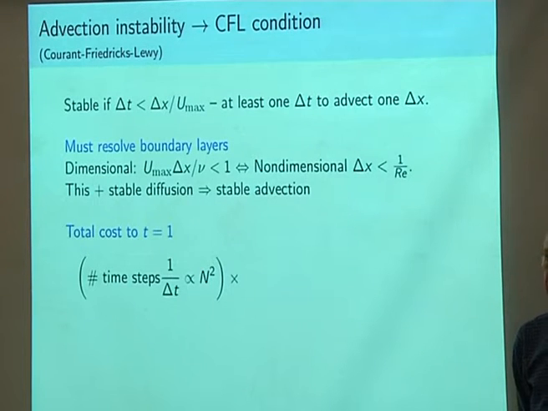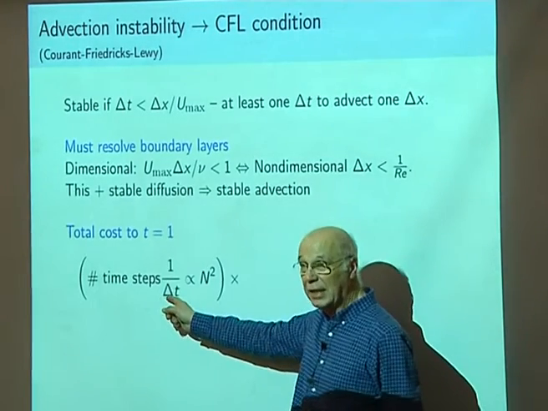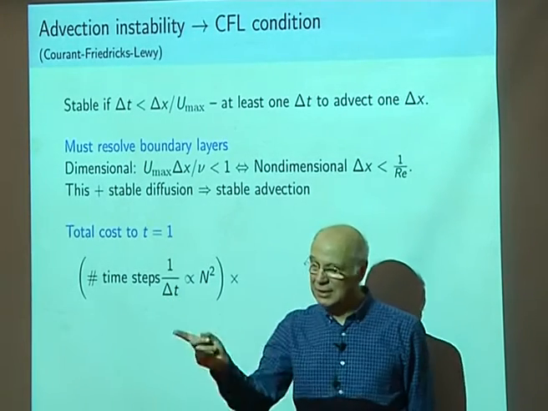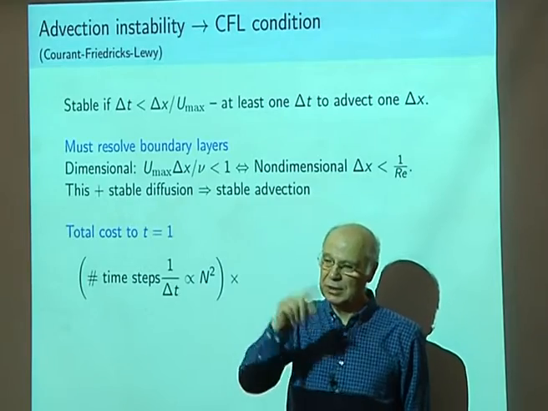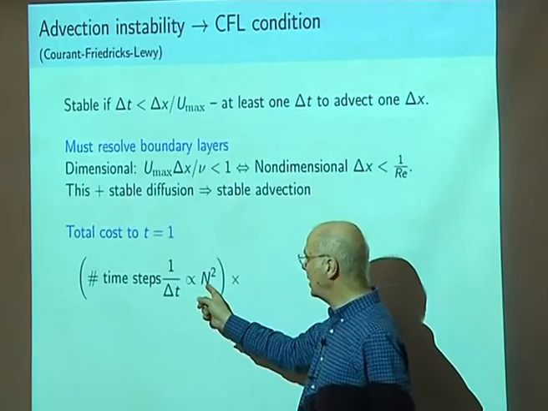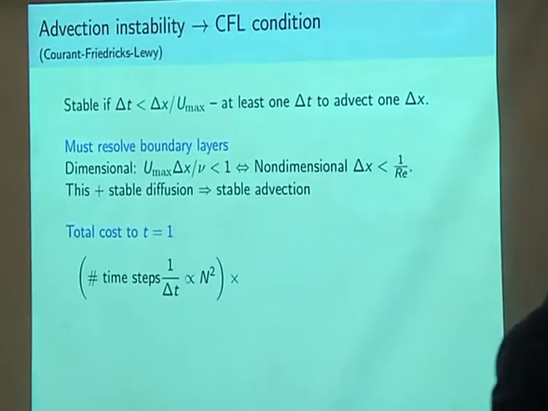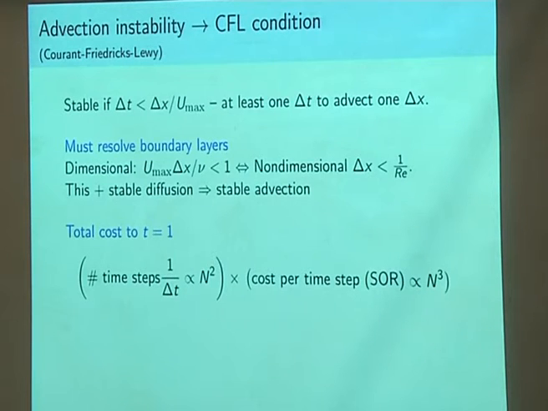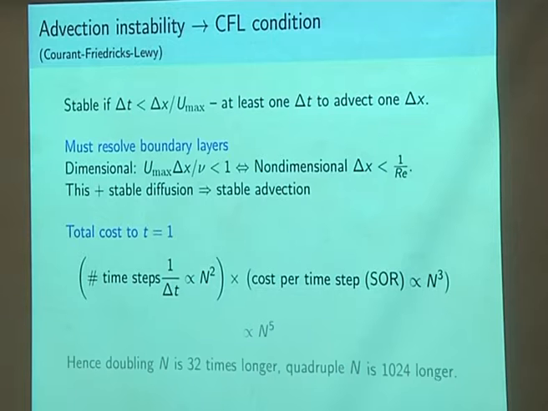So as delta x is 1 upon n, the number of time steps is 1 upon delta t, and delta t is less than delta x squared, which is equal to 1 upon n squared. So there are n squared time steps to get to time equals 1. And each time step costs us n cubed if we use the faster SOR, successive over relaxation. So the total cost is n to the 5th.